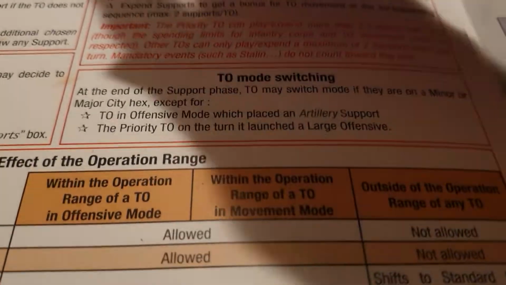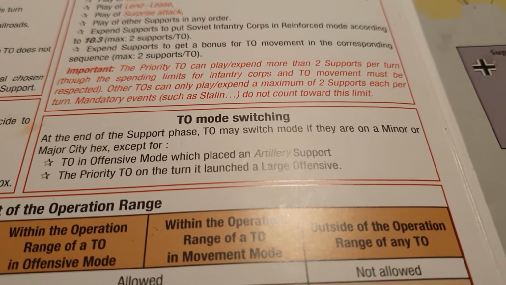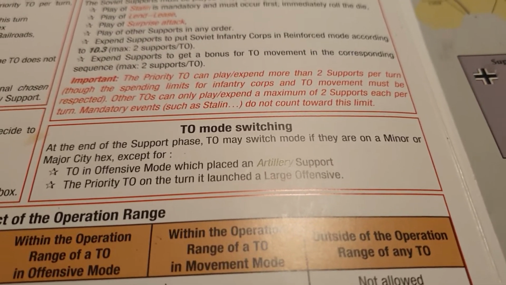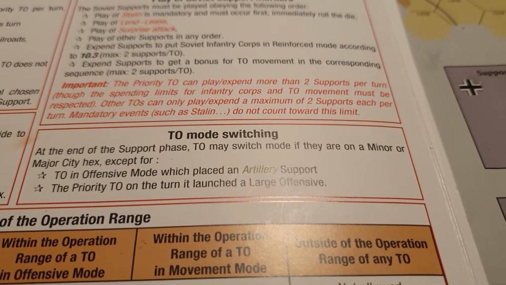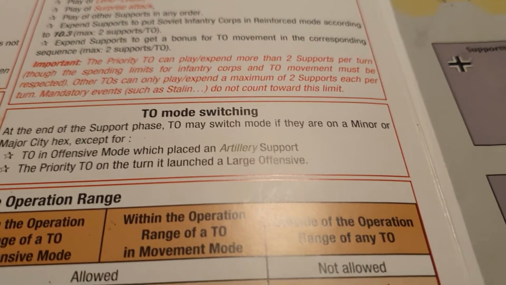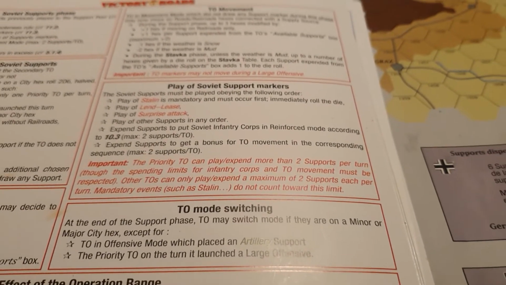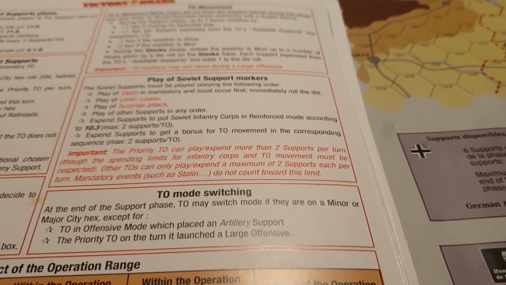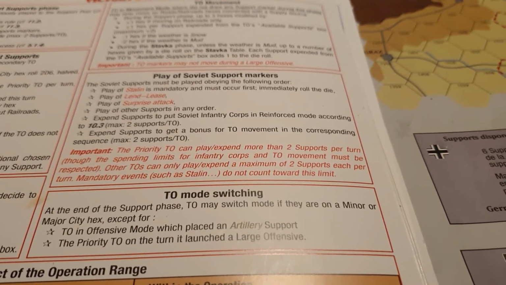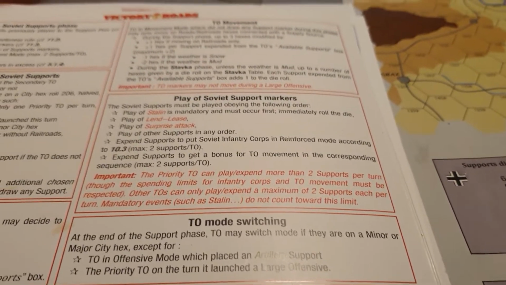Now, don't fall for the idea that the secondary is the next one down from the priority. It isn't. There's a priority theatre of operations, then there's normal theatres of operations, then there's the secondary one. So the secondary one is basically a front where you're not going to supply any supports at all. If you're launching a large offensive, things are totally different, but you've got to have 6 support markers already in your reserve.